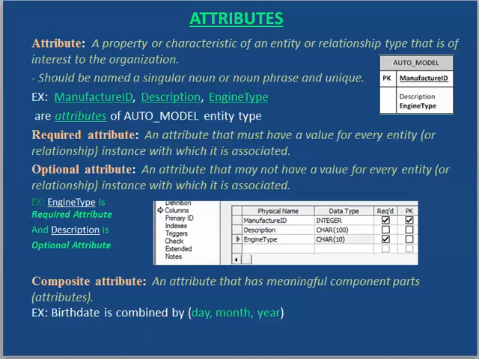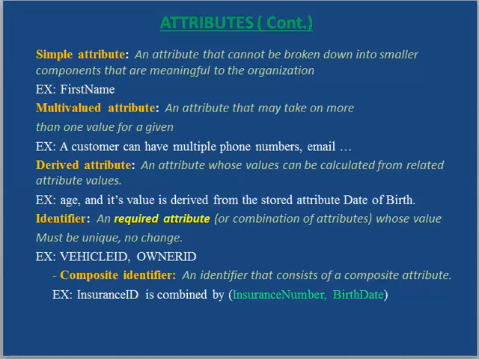For example, birth date is combined from day, month, and year attributes. Simple attribute: an attribute that cannot be broken down into smaller components that are meaningful to the organization. Example: first name, last name.